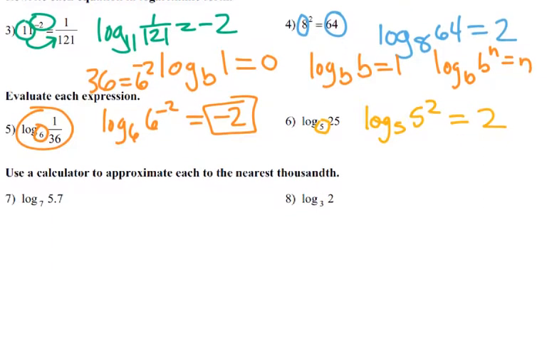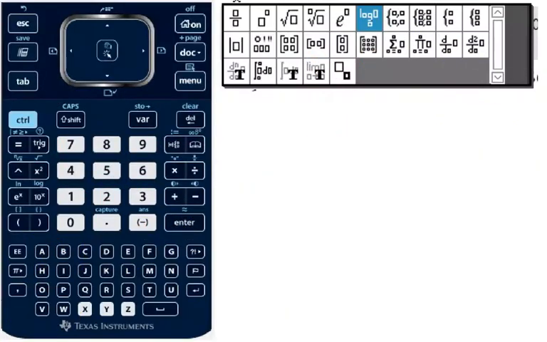Okay, now for the last two on this one, 7 and 8, we can just type these into our calculator. Okay. So remember, if we're typing them into our calculator, we can hit Control and then this button to get the log, or we can hit this button which brings this up, and we type in the log, and then we just, in the calculator, type it in as a log.